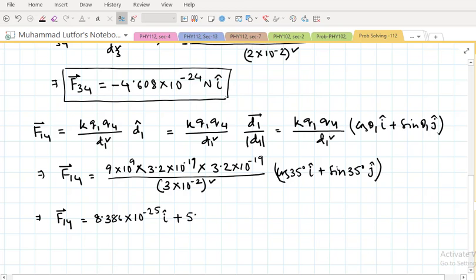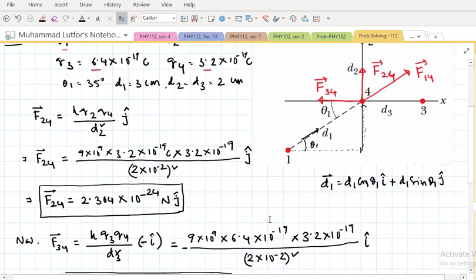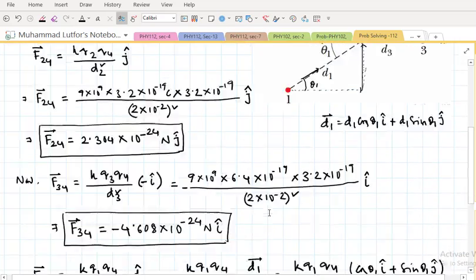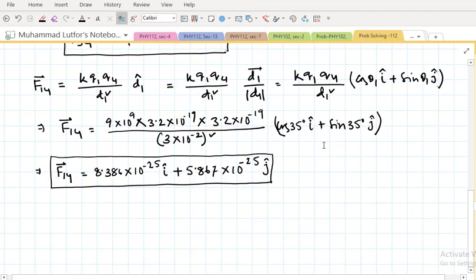plus 5.867 into 10 to the power minus 25 Z hat. So this is F14, the force on particle 4 due to particle 1. Now I have to find the resultant of these forces, because these three forces I'm going to add vectorially, not by algebraic summation.